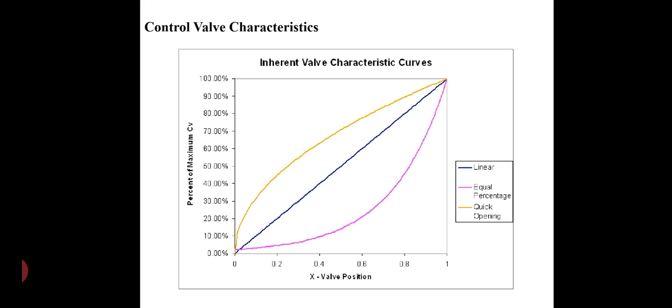Then we established the standard I to P converter, or current to pressure converter. We saw the 4 to 20 milliampere electrical signal, or current signal, is converted into 3 to 15 psi, or 0.2 kg per centimeter square to 1 kg per centimeter square, or 0.2 to 1.0 bar.